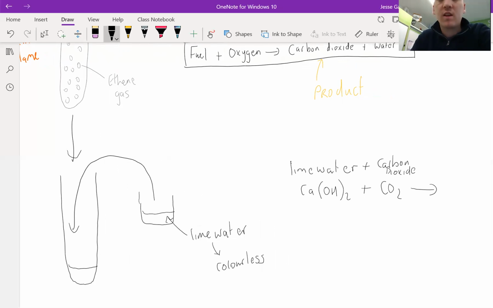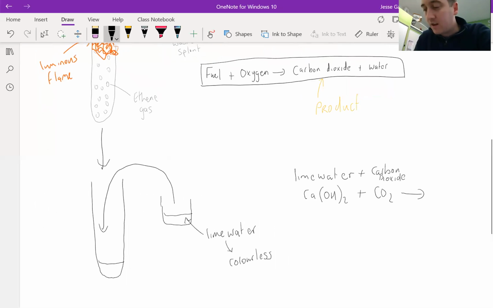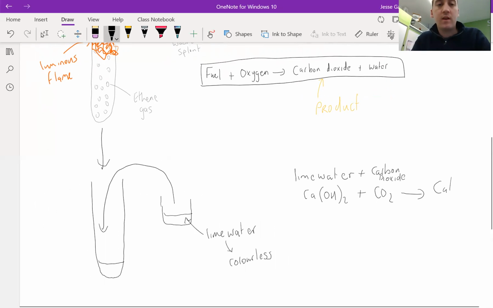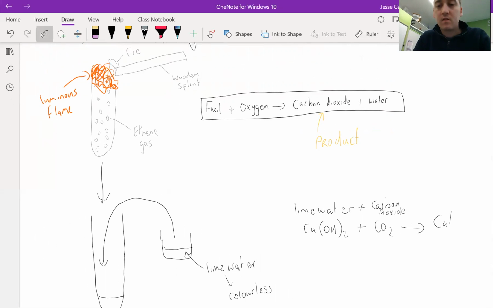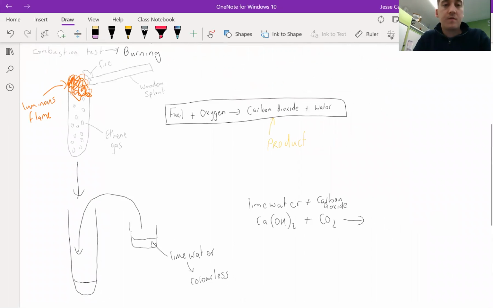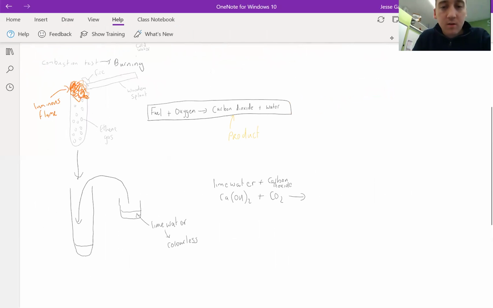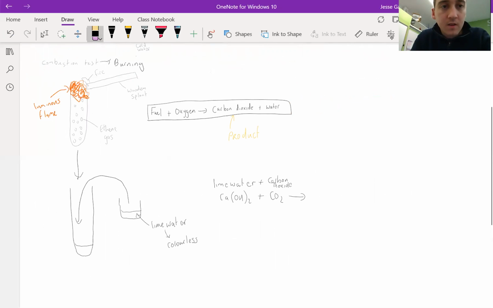When we mix these two things together, we get a substance that we call calcium carbonate, which is essentially limestone, CaCO3.